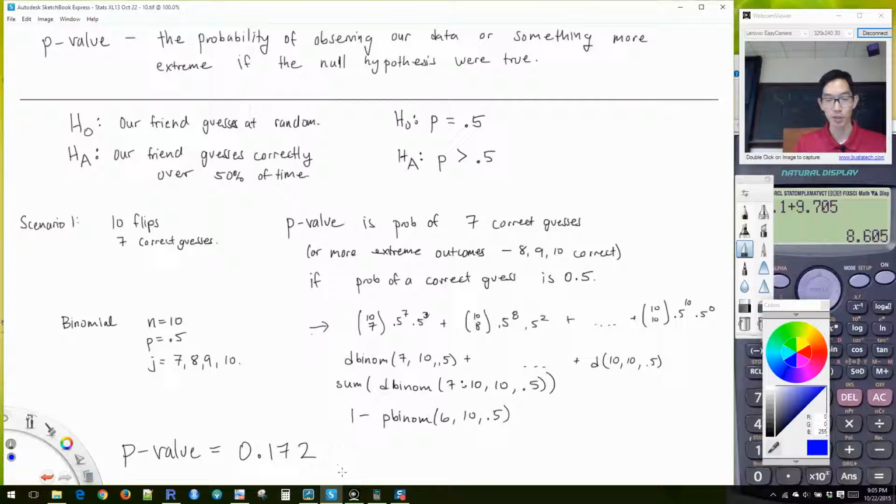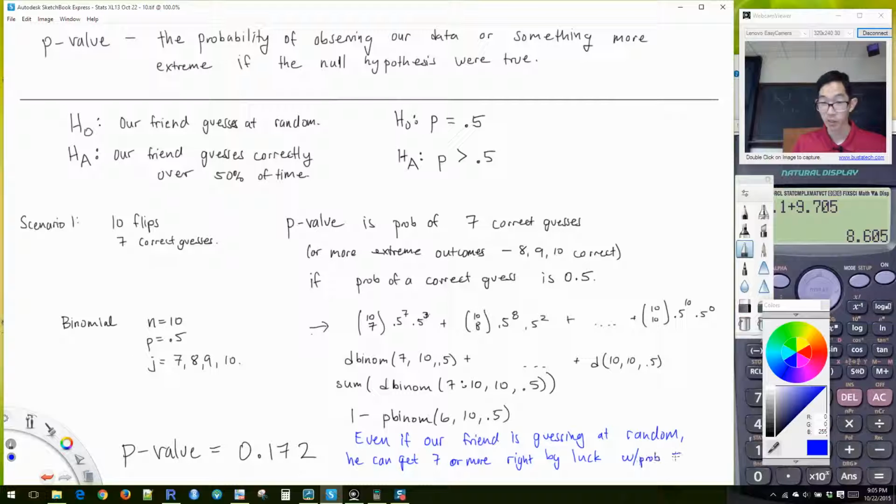Okay, so our p-value is 0.172. This means even if our friend is guessing at random, he can get 7 or more right by luck with probability equal to 0.172.